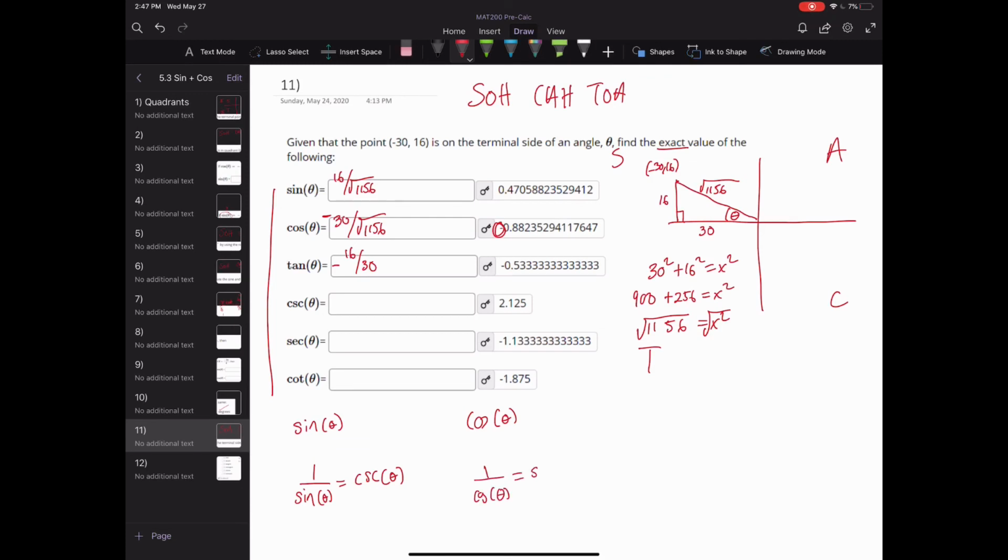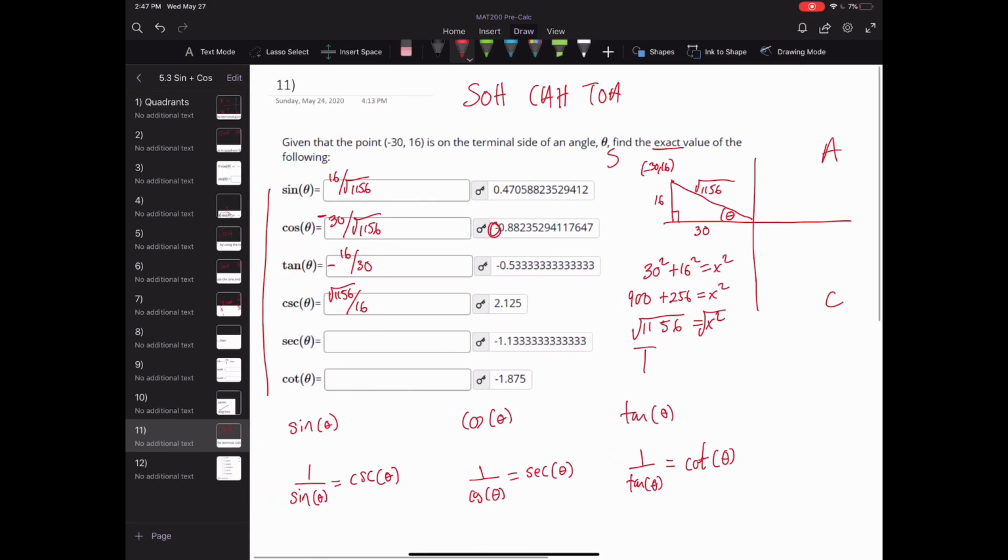That's right, secant of theta. And then tangent, 1 over tangent of theta is really cotangent. So what should cosecant be? Yeah, we just look at the sine of theta and we flip that fraction around. So square root of 1156 over 16.